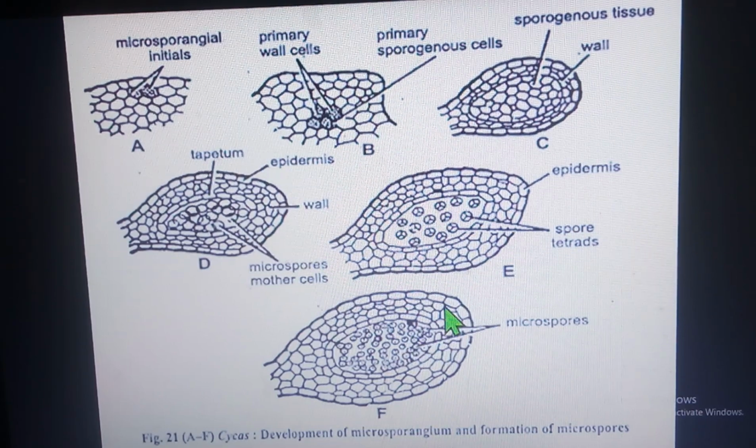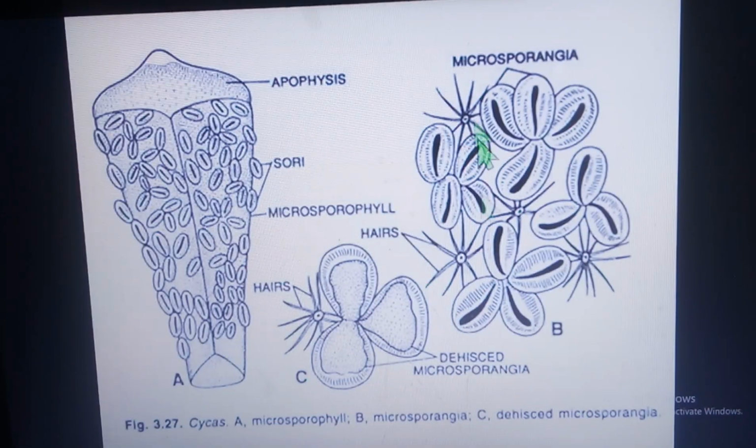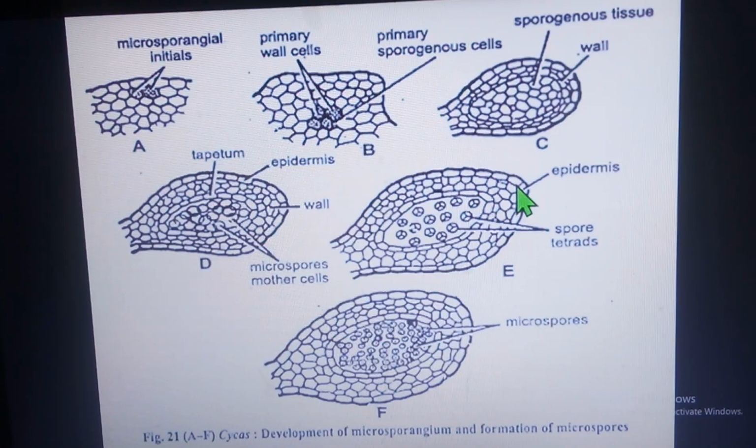Okay, earlier I had already mentioned that the microsporangia are shortly stalked. But when the microsporangium matures, it is either sessile, that is without a stalk, or shortly stalked. And also they consist of 5 to 6 wall layers.